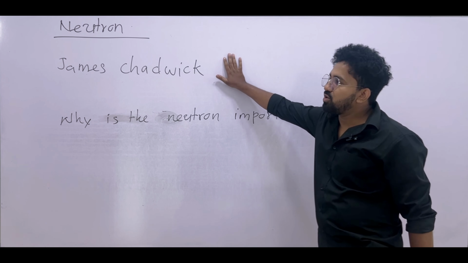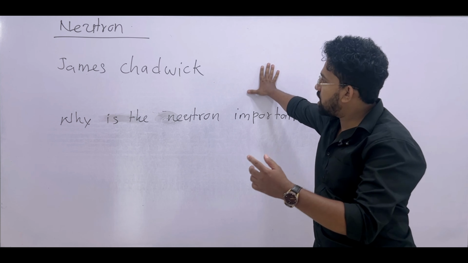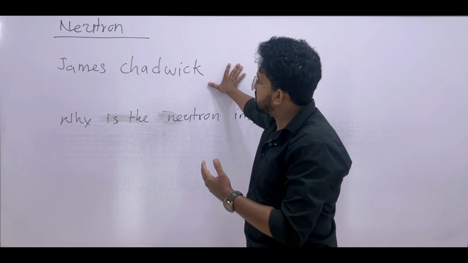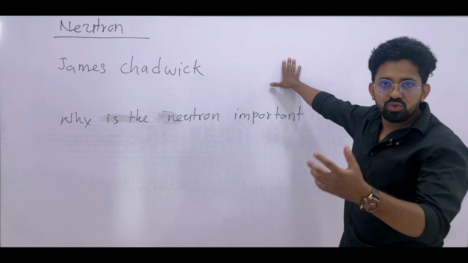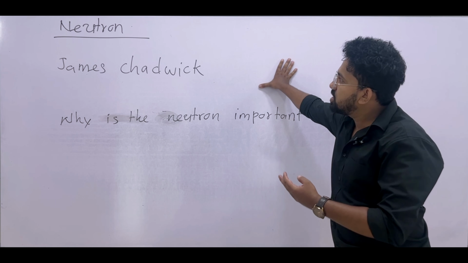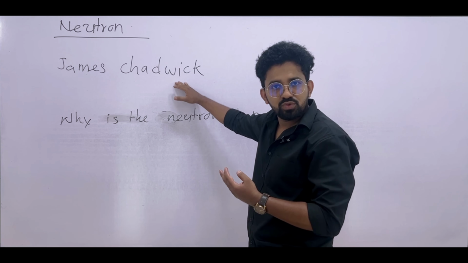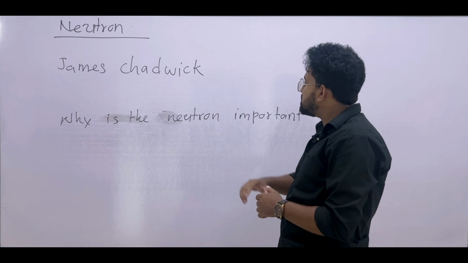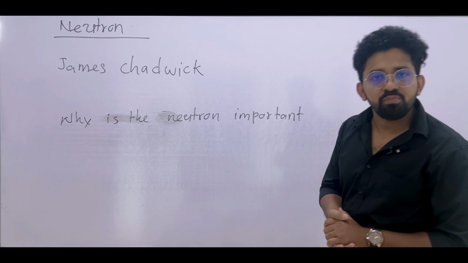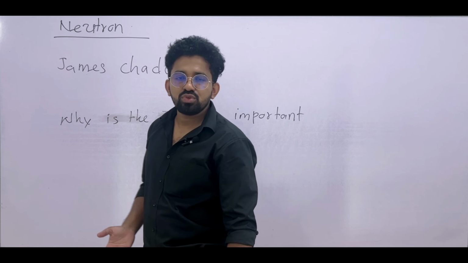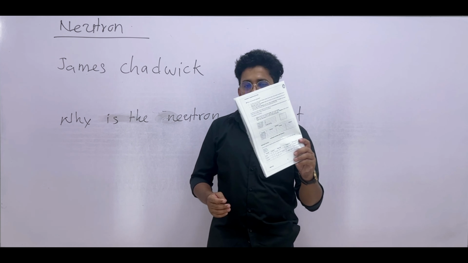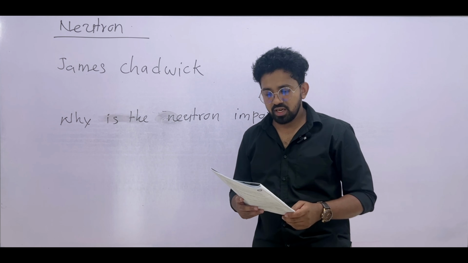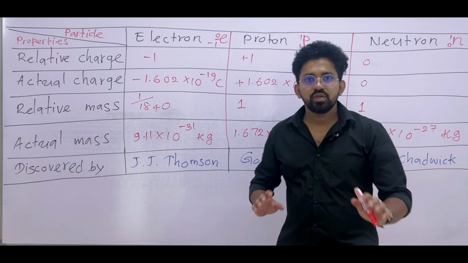We also have to know its charge and mass. The mass is greater than the mass of the proton, and there is no charge for the neutron. I have included those details in the book, so you can refer to it. Then let's move to the next part.